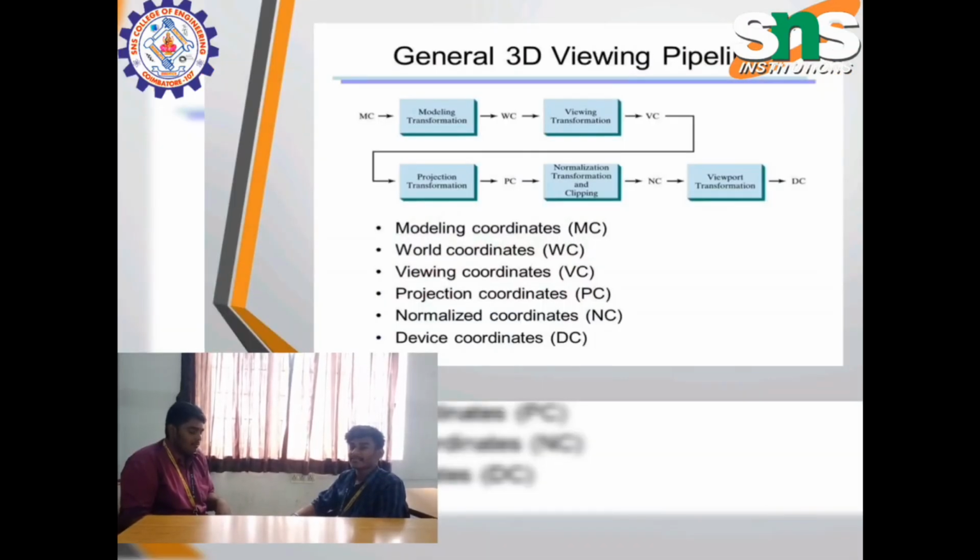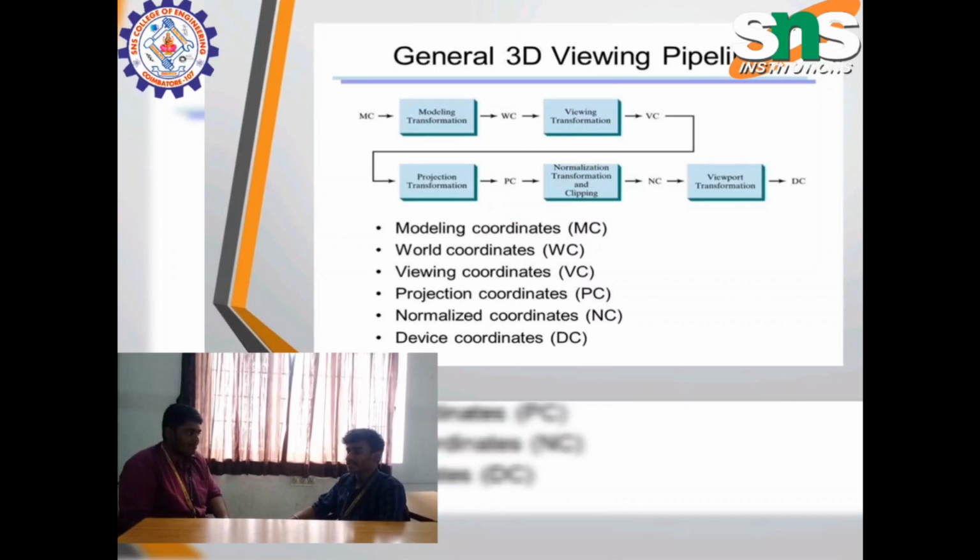The 3D pipeline has five transformation processes. The first transformation process is modeling, the second is viewing, the third is projection, the fourth is normalization and clipping, and the fifth is the viewport.